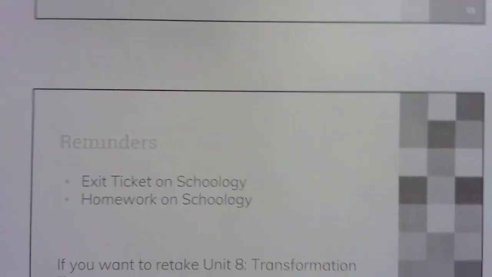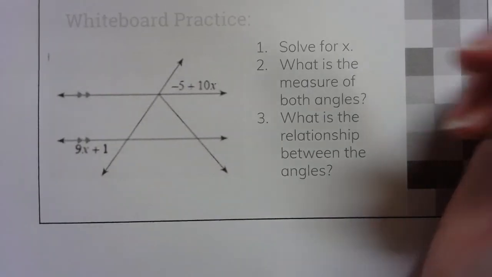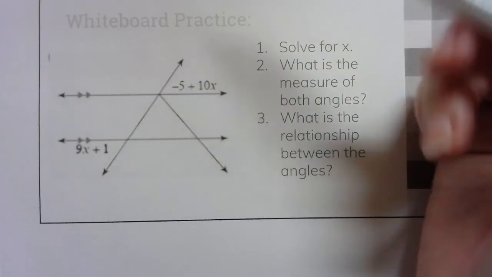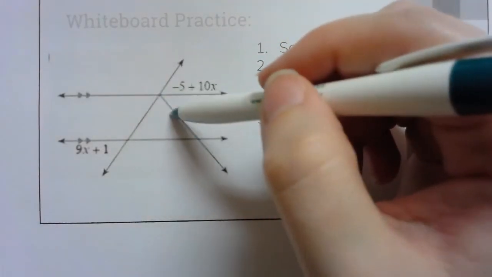Let's move on to our last question, so you'll still have plenty of time for the exit ticket. So for this one, solve for x. This one is a little more tricky. Now, I know that this transversal or piece of a transversal here honestly doesn't even matter.